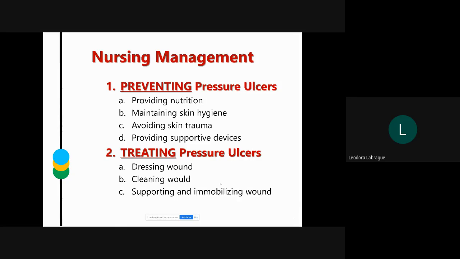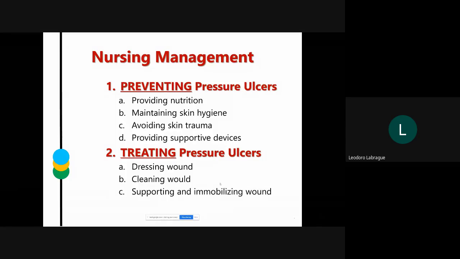The nursing management is divided into two parts. It could either be preventive. That is our number one role, to prevent the development of pressure ulcer. However, in some instances, if we cannot prevent pressure ulcer, that's the time we provide treatment.